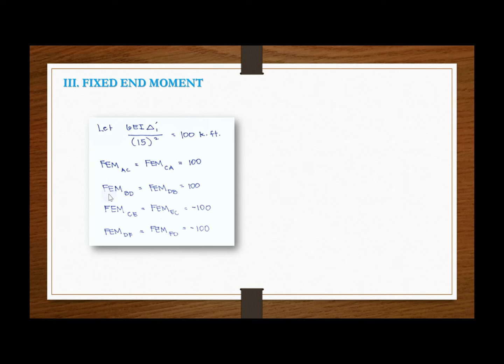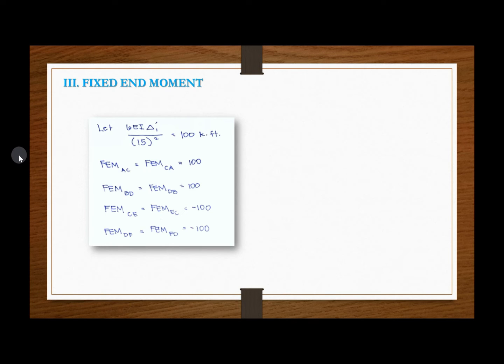Also, fixed end moment BD is equals to fixed end moment DB is equals to 0. Also, fixed end moment CE equals fixed end moment EC equals negative 100.